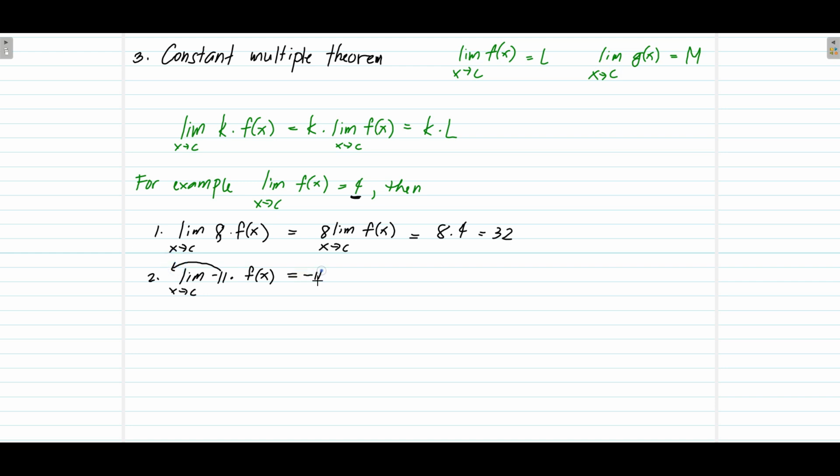So negative 11 times the limit, lagyan ka na lang ng dot, times the limit of the function as x approaches c is equal to negative 11 times 4. Take note again, we have defined that the limit of f of x is equal to 4. That's why we have negative 11 times 4, which is also equal to negative 44. So that's for the constant multiple theorem.